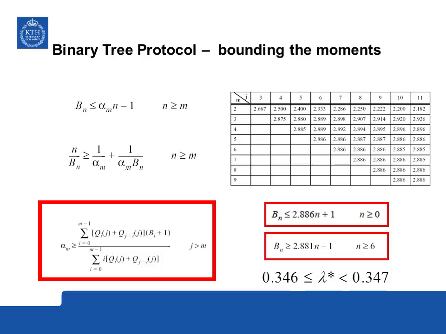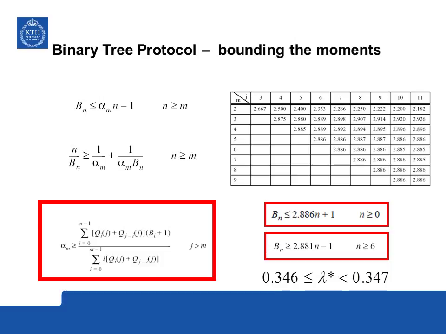Mathematically, we can then show that we can bound the first moment of the conflict resolution interval Bn in the two expressions on the left-hand side. It can be shown to be lower than alpha m times n minus 1, or we can show that the ratio has to be larger than 1 over alpha m, and alpha m is the critical throughput of the system.